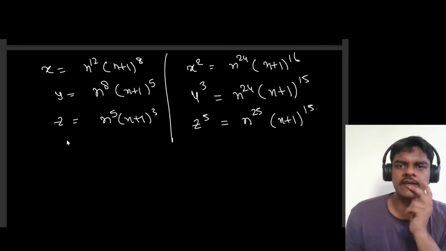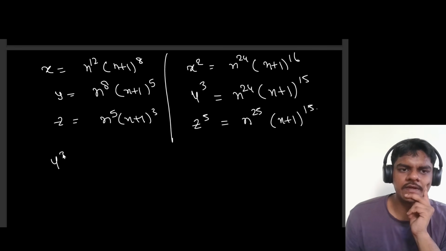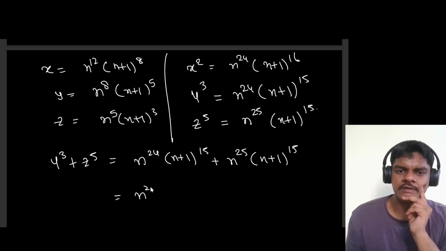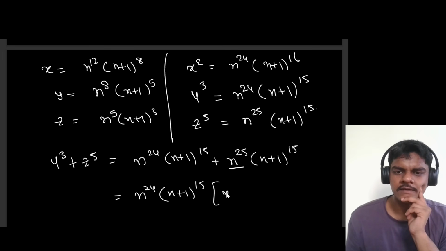So now what do we have? What is y cube plus z power 5? That will be n power 24 into n plus 1 power 15 plus n power 25 into n plus 1 power 15. I can take n power 24 times n plus 1 power 15 common, and I'll have n here and 1 here.